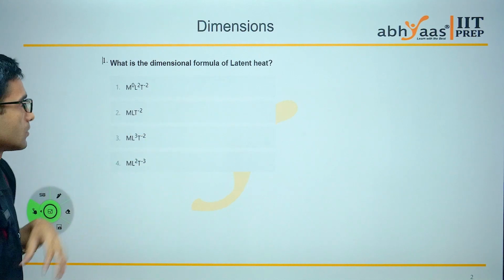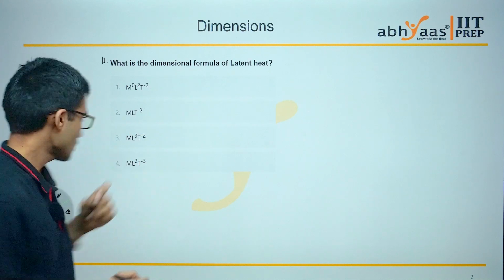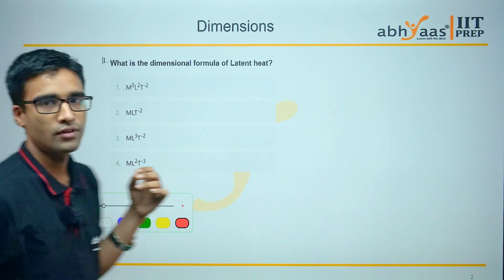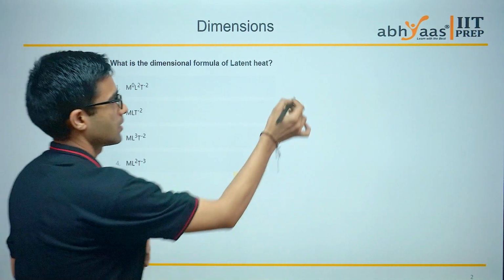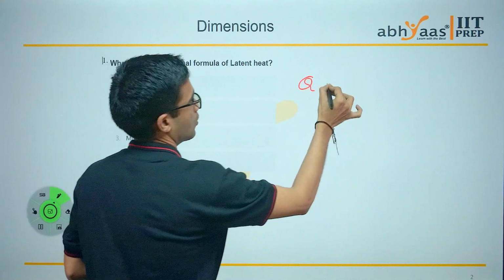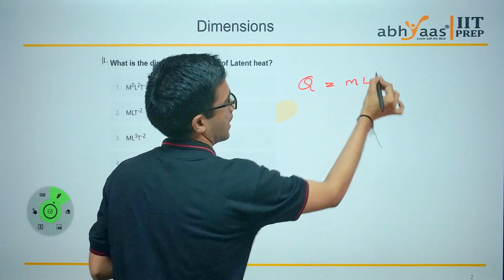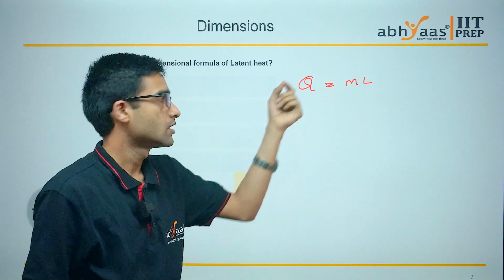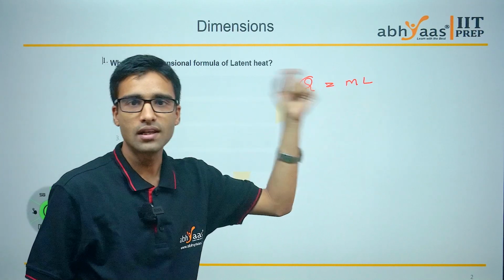This question is very easy. We can solve it with the help of an equation, Q = mL, where Q is the heat energy, m is the mass, and L is the latent heat.